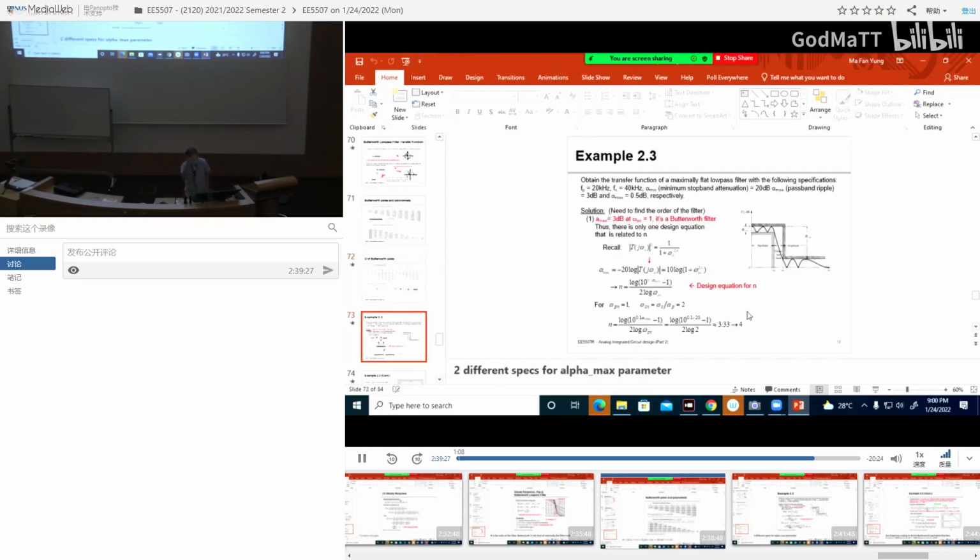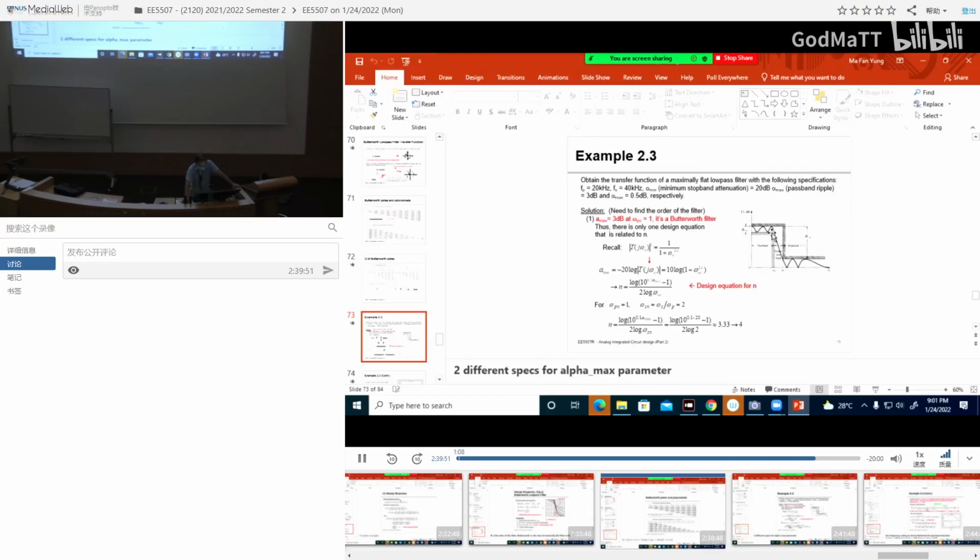So here is a very important example. For example, you are given a certain filter characteristic you want to implement. That means I want to implement a low-pass filter with a cutoff FP at 20 kilohertz.